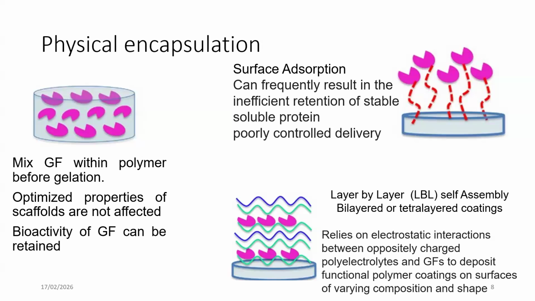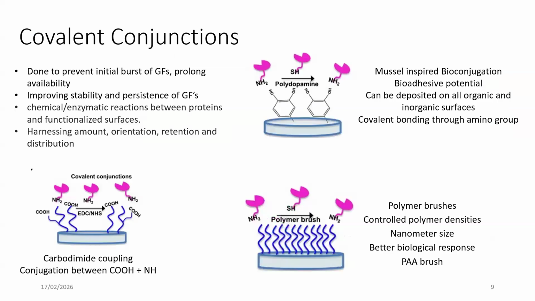When we talk about advanced characterizations, in our next course, we will discover the role of pH, how pH can affect it, and we look at the physical properties that can affect what we are talking about right now. So keep in mind surface adsorption, layer by layer self-assembly, they're all part of physical encapsulation.